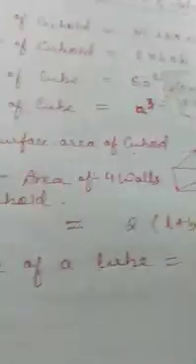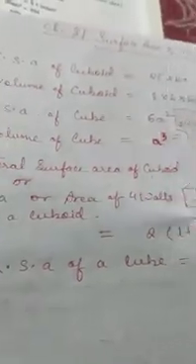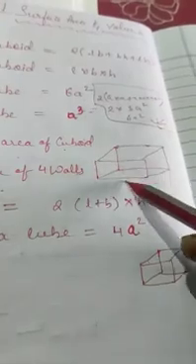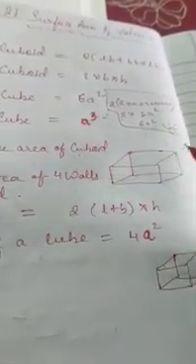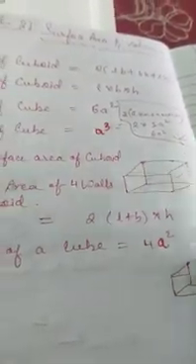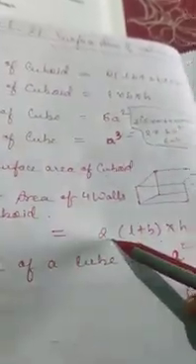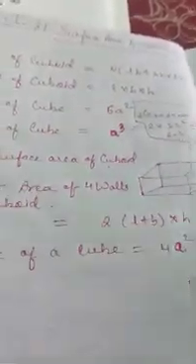Height is also counted. So lateral surface area of cuboid is twice of length plus breadth into height. Okay, because twice of length, twice of breadth, 4 walls now. So formula would be twice of length plus breadth into height.